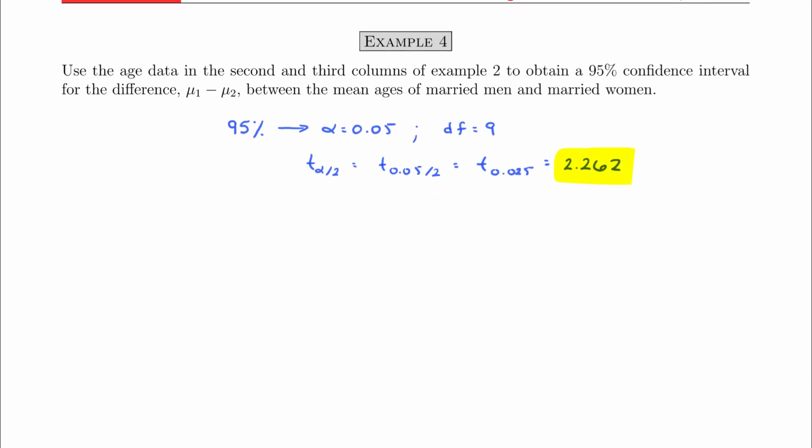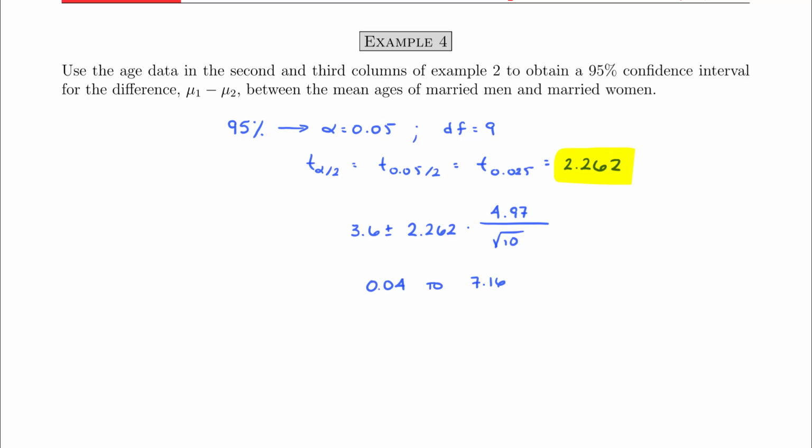So that gives us the values that we need to substitute into our endpoint equation that we just looked at above, and we're going to get 3.6 plus or minus 2.262 times 4.97. We've computed that standard deviation previously, over the square root of 10, and what that simplifies to is 0.04 to 7.16.